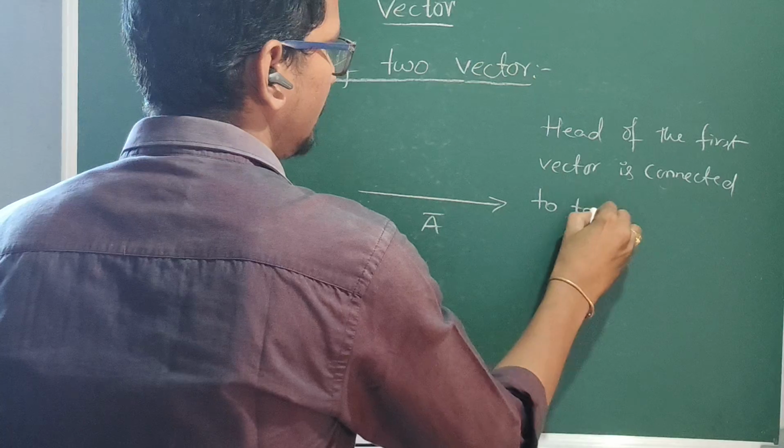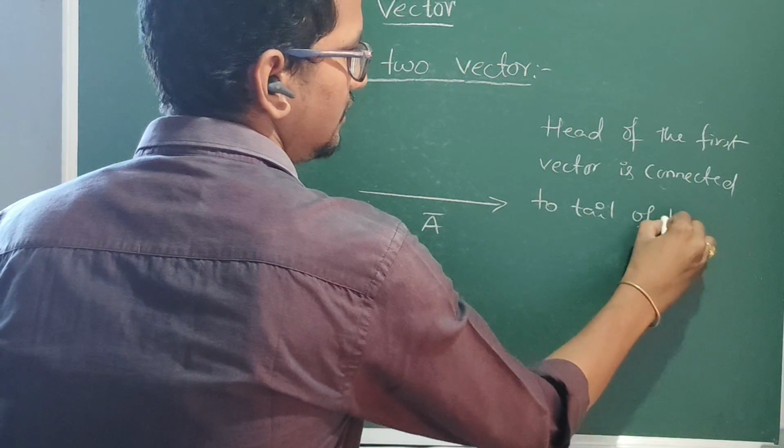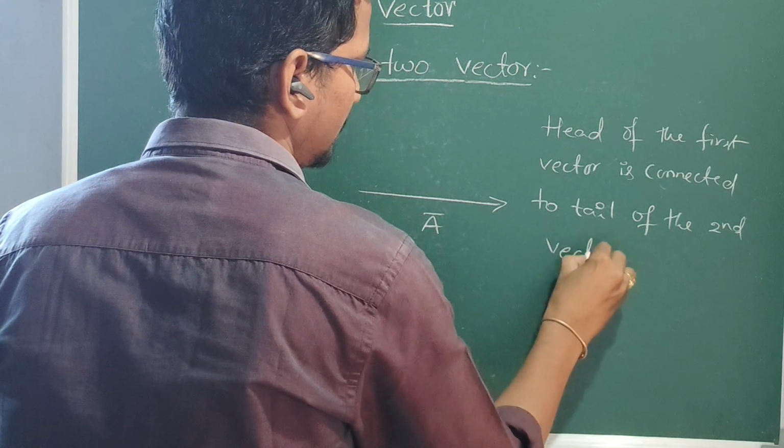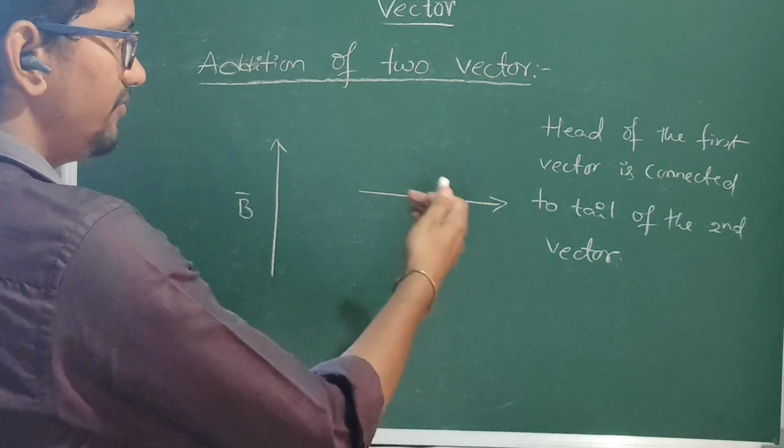Tail of the second vector means we can do this.